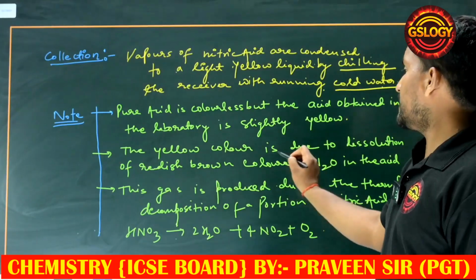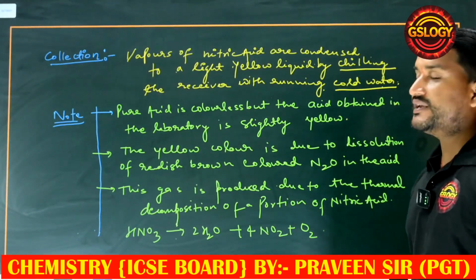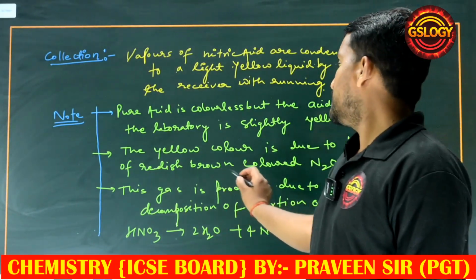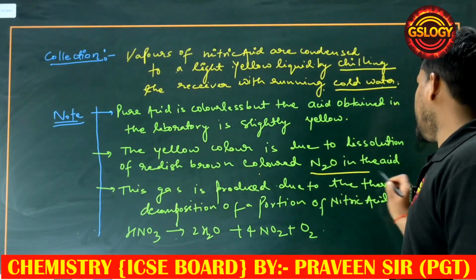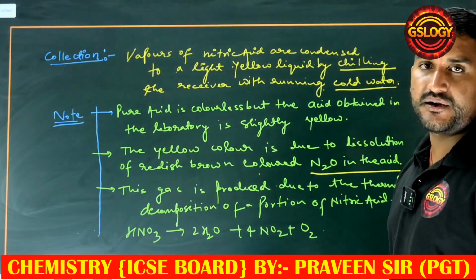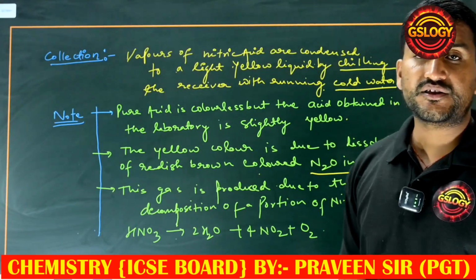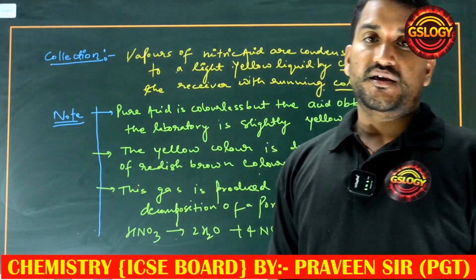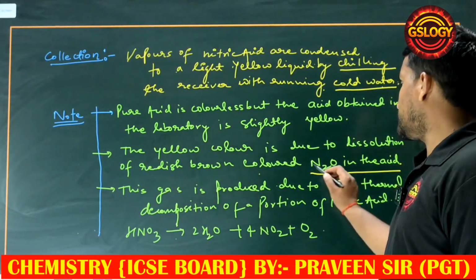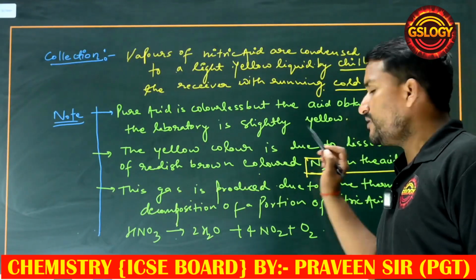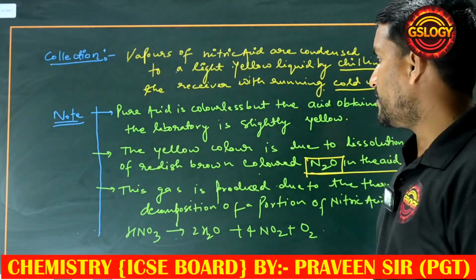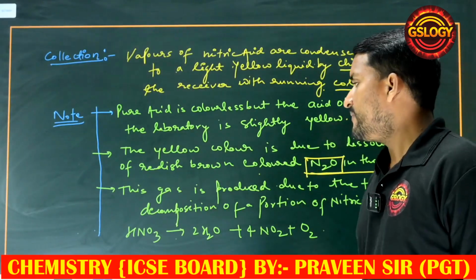The yellow color is due to the dissolution of reddish brown nitrogen dioxide in the acid. The yellowish color of nitric acid is due to the presence of this gas. Always keep in mind this point.